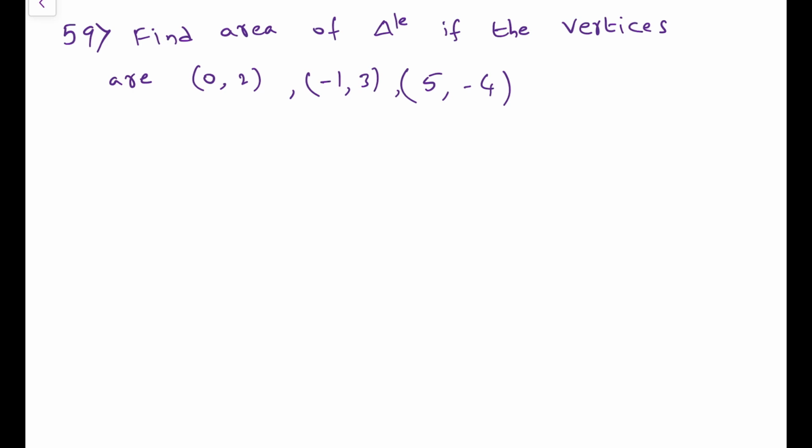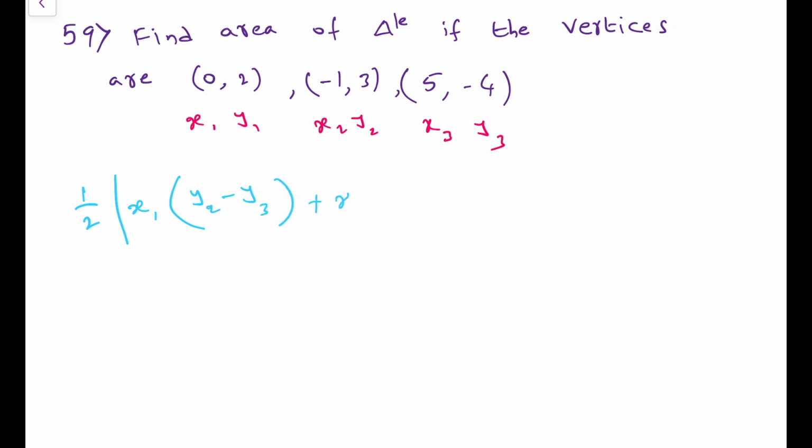Next question. Find the area of the triangle if the vertices are (0, 2), (-1, 3) and (5, -4). So let us take these points as x1, y1, x2, y2 and x3, y3. So what is the formula for finding an area of the triangle when vertices are given? That is half modulus x1 into (y2 minus y3) plus x2 into (y3 minus y1) plus x3 into (y1 minus y2).